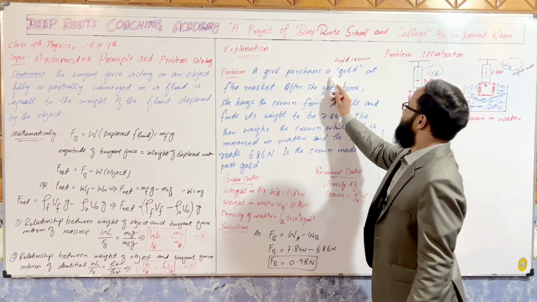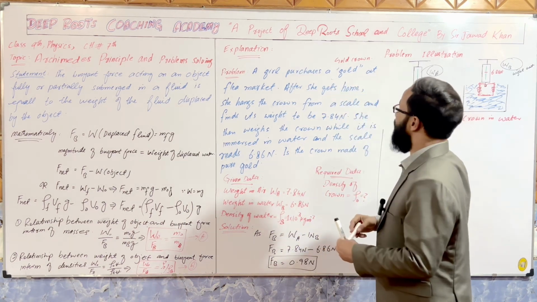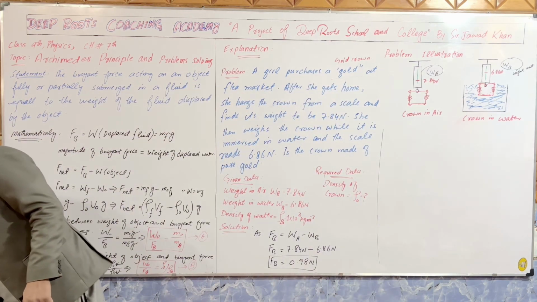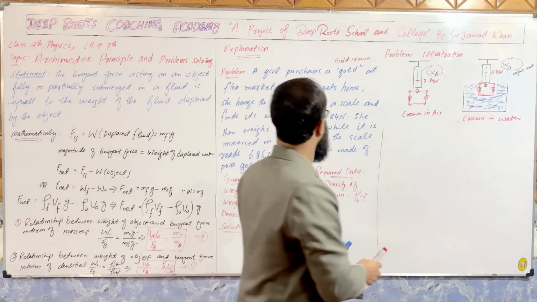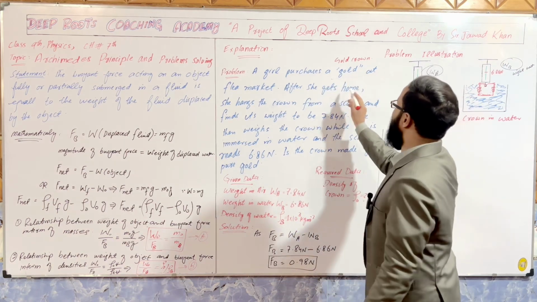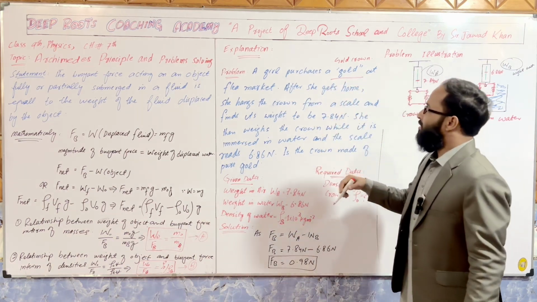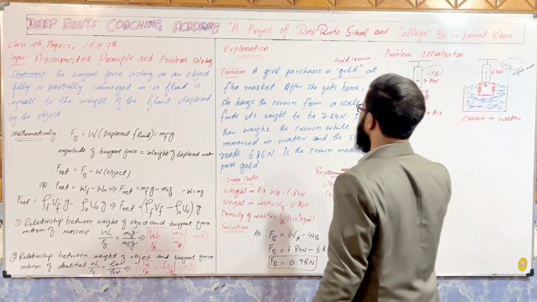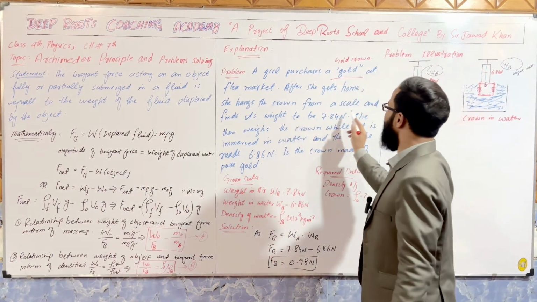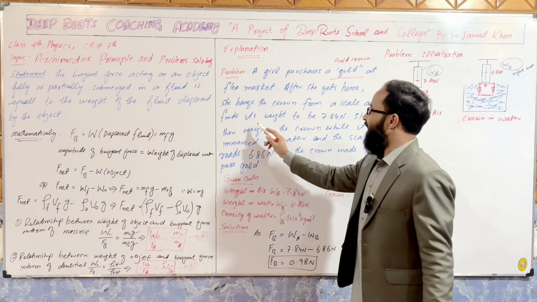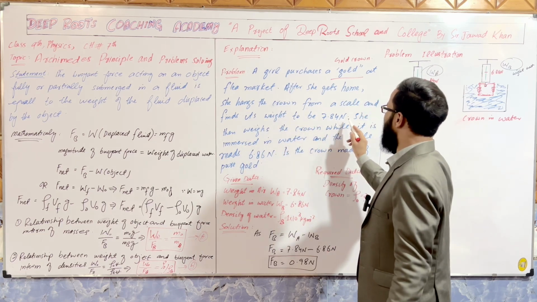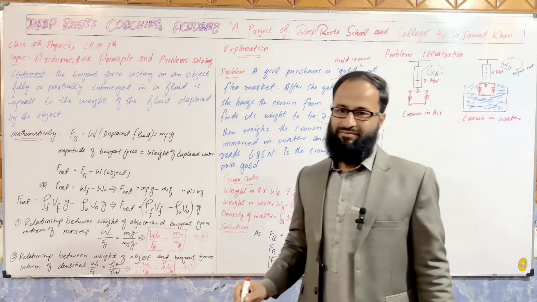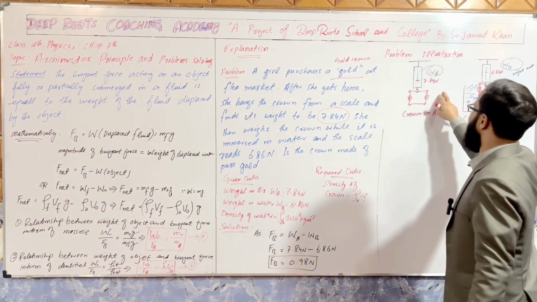A girl buying a gold crown, and when she gets home, she is checking the gold. She hangs the crown from a scale and finds its weight to be 7.84 Newton in the air, like here I have illustrated.